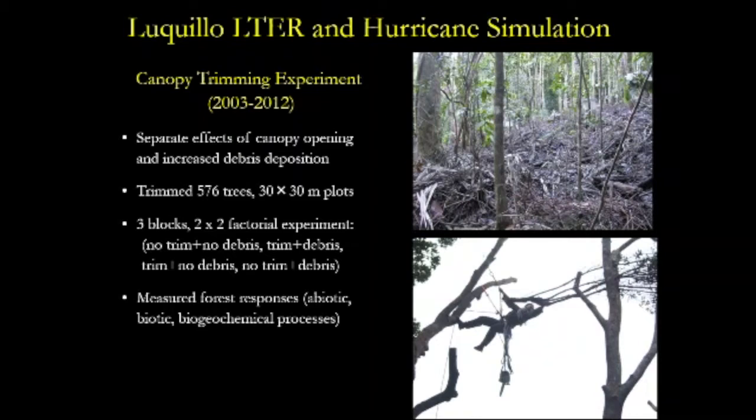treatments. The control, where we didn't do anything. The hurricane simulated plot, where we trimmed and added the debris. And then the two other treatments: in one, we didn't trim, so we had the canopy, but then we added the debris. So we had this addition of debris when the canopy was not manipulated.